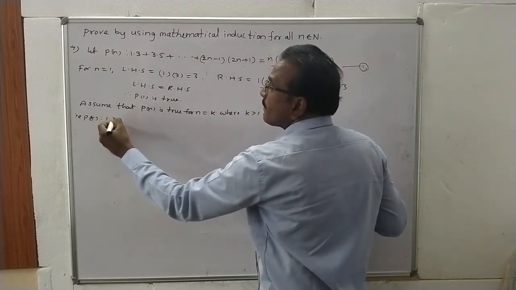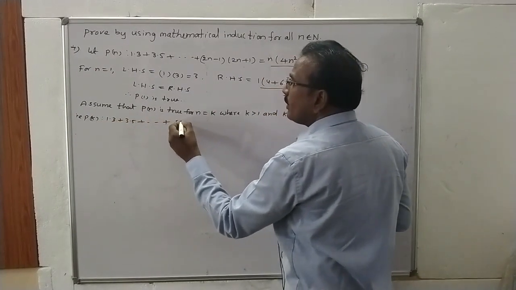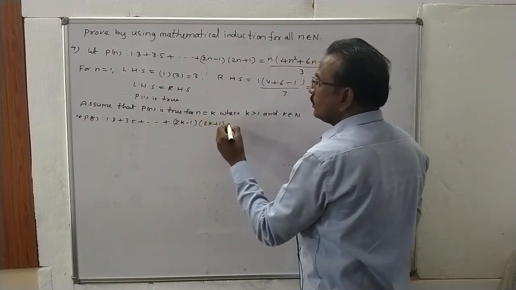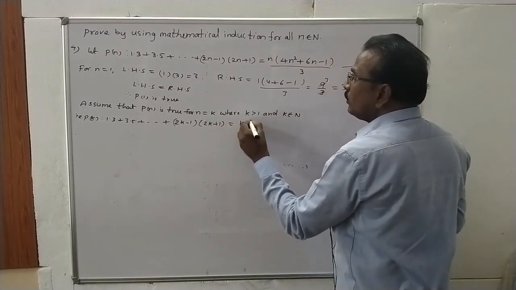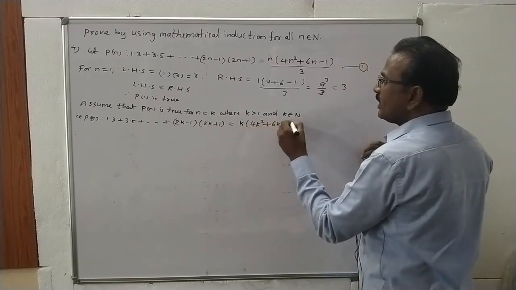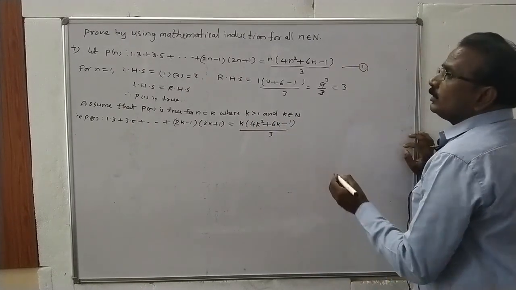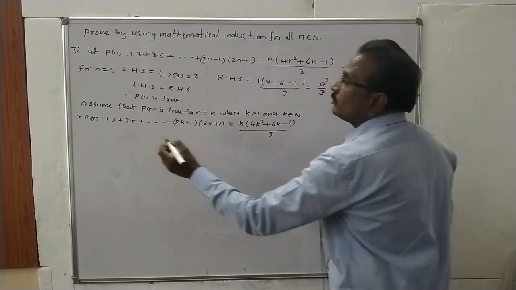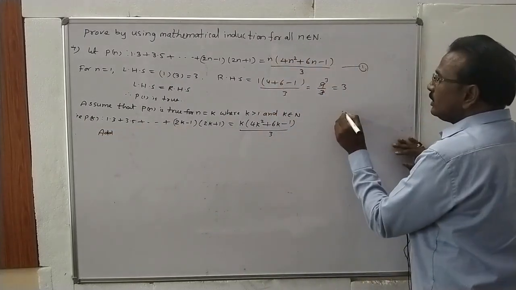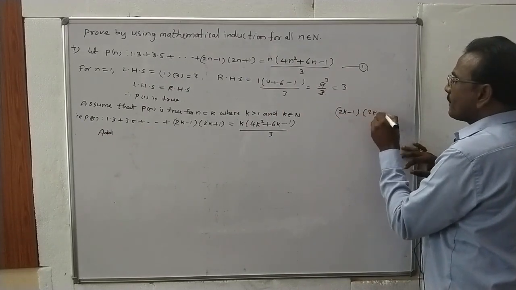1 into 3 plus 3 into 5 plus dash dash dash 2k minus 1 into 2k plus 1 is equal to k into 4k square plus 6k minus 1, divided by 3. Add the next term. Here the kth term is 2k minus 1 into 2k plus 1.